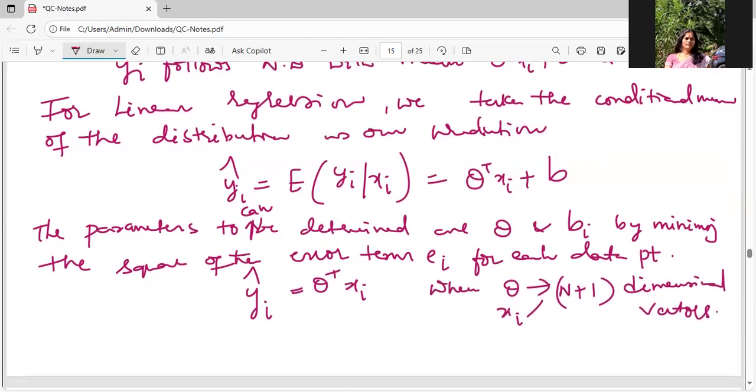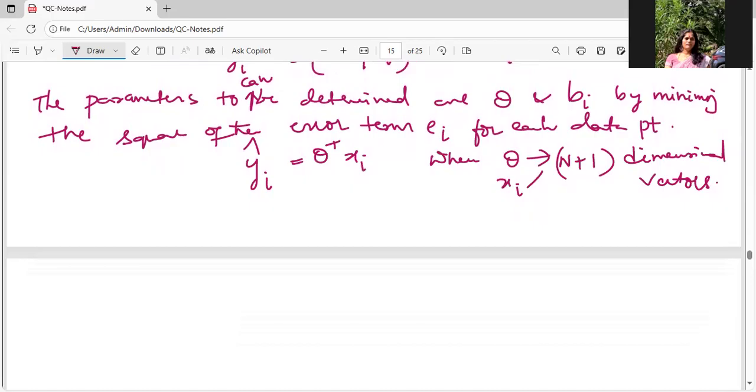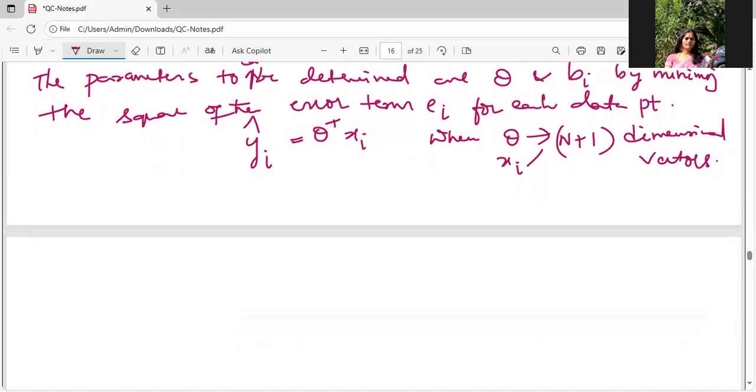Now, the matrix notation for this, so that it looks like a system of equations. How do I write the matrix notation? Just see here.